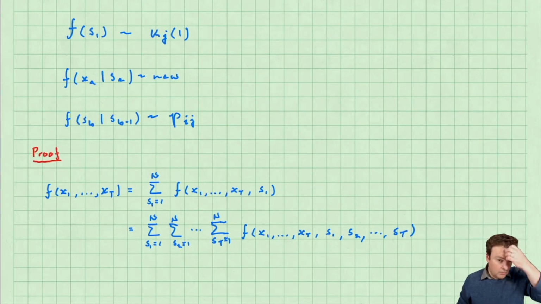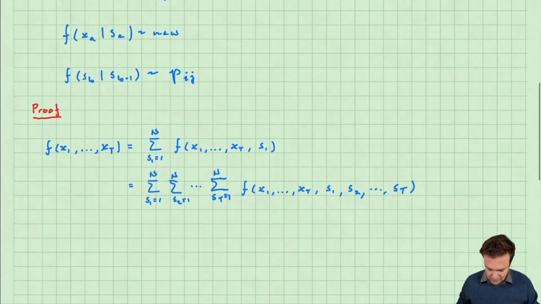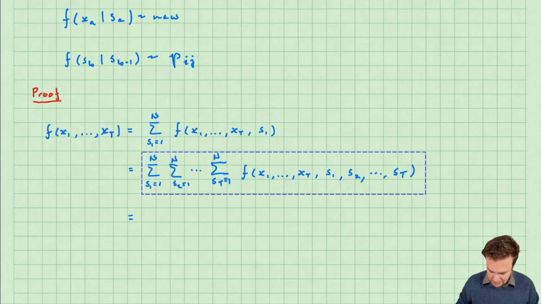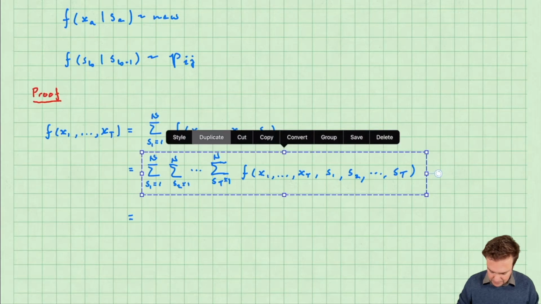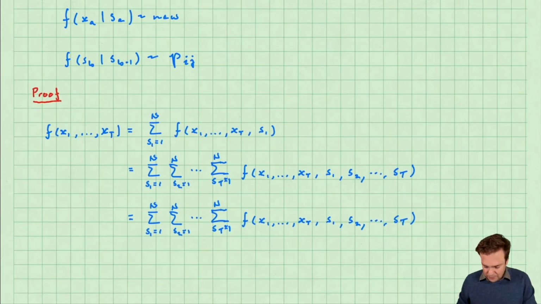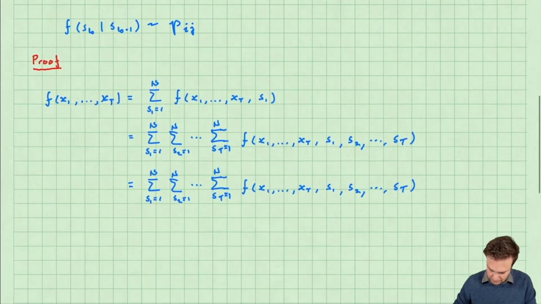And now we just use the definition of conditional probabilities to simplify this. I'm going to do a lot of duplication since there are so many repeated long things here. So this joint probability could be written, how am I going to write it? Am I going to have room here? Let's see.